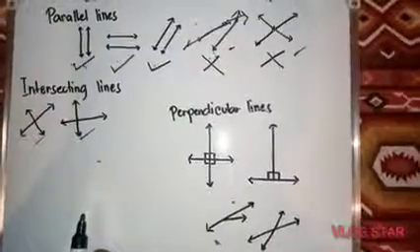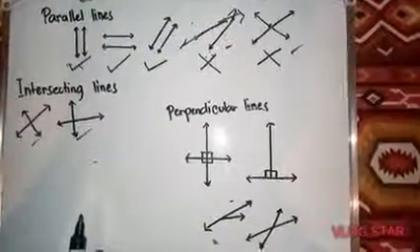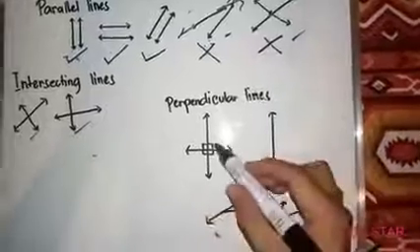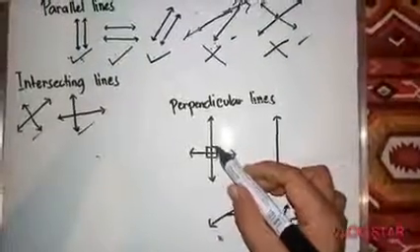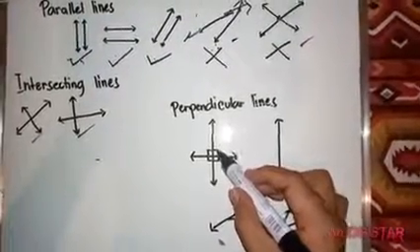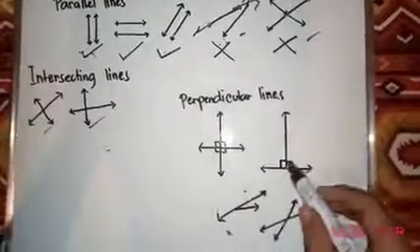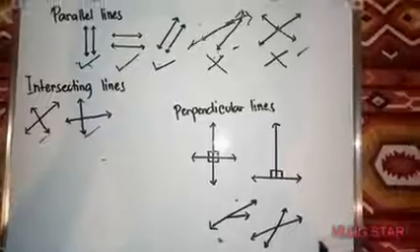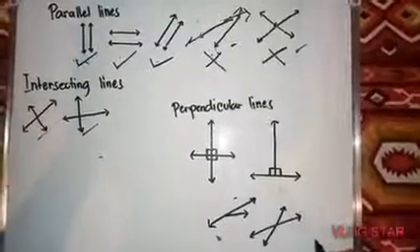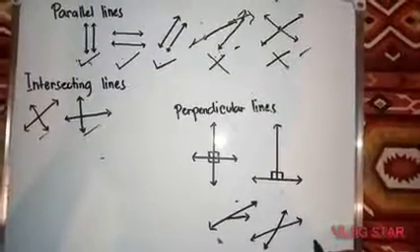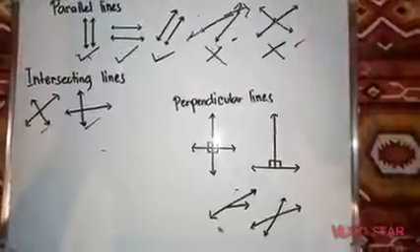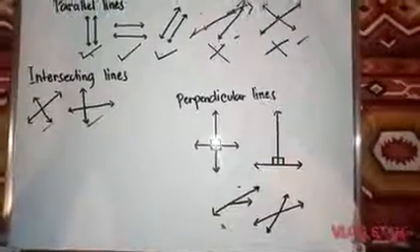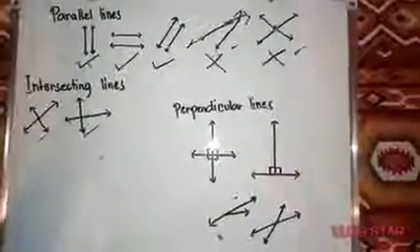Next is perpendicular lines. Perpendicular lines form square corners. So it forms a square corner here, therefore it is a perpendicular line. The same with this one. But these two lines are not perpendicular, they are just intersecting lines. Intersecting lines, they meet.